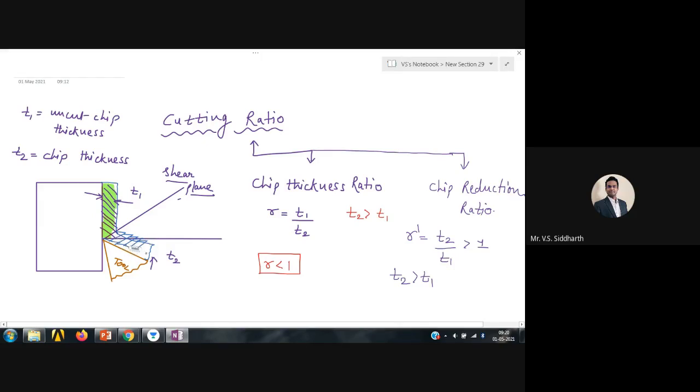Yesterday itself we have seen that continuous chips will be formed like this. Now we have got something like this. The magnified view I am drawing here.